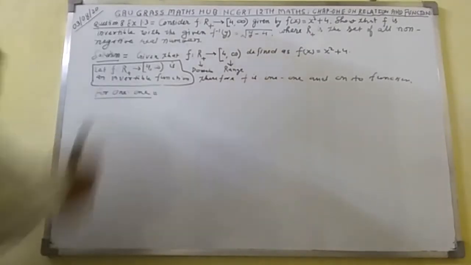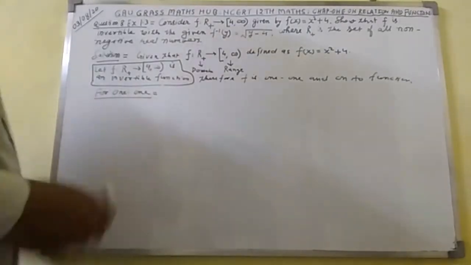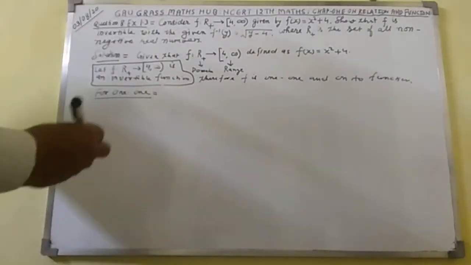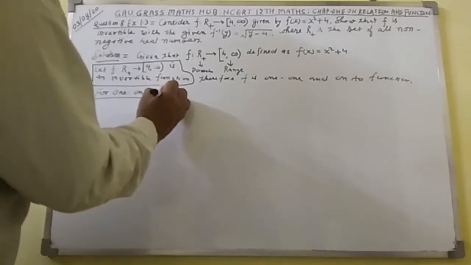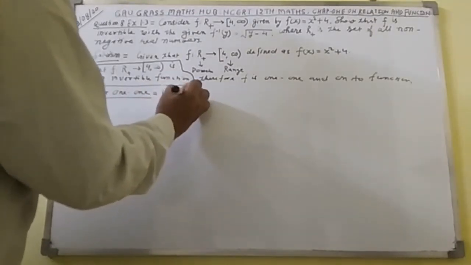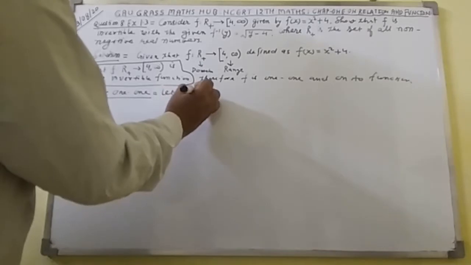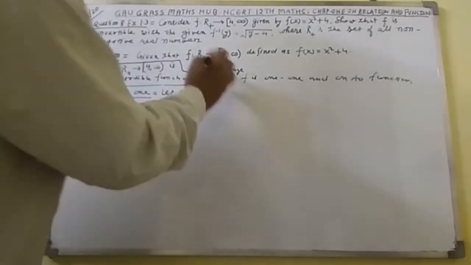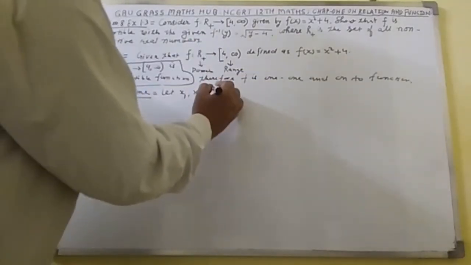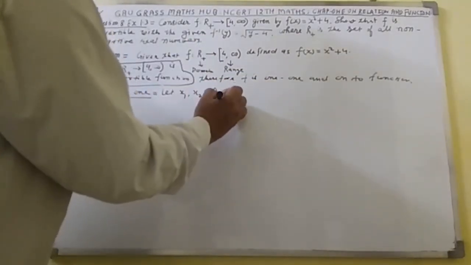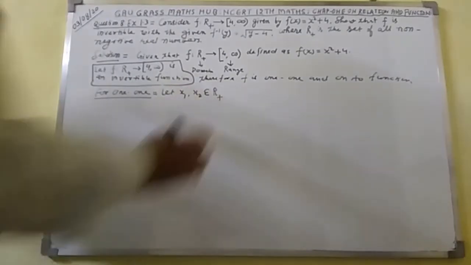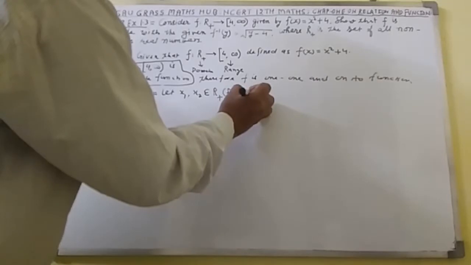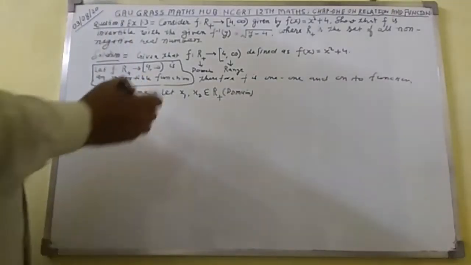Let x1, x2 belong to the domain. Here you can say this is the domain, a set of positive real numbers.